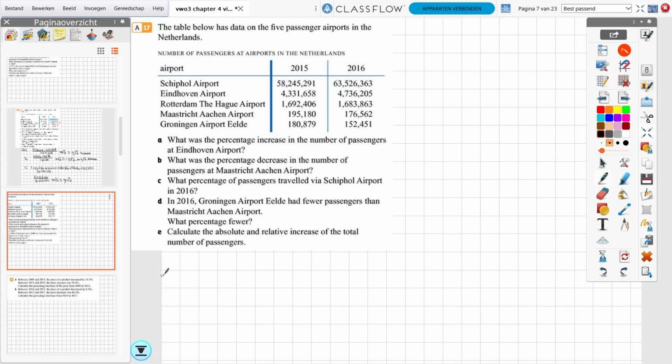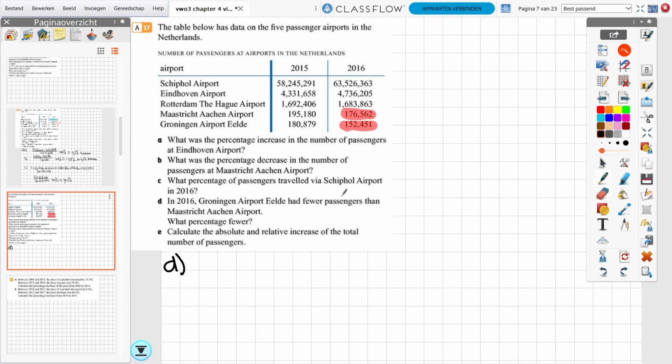And then D. In 2016, Groningen Airport Eelde has fewer passengers than Maastricht-Aachen Airport. What percentage fewer? Okay, so we take a look at 2016. It's important to do that. Groningen Airport, that's this one, and Maastricht-Aachen Airport, the two lowest ones.